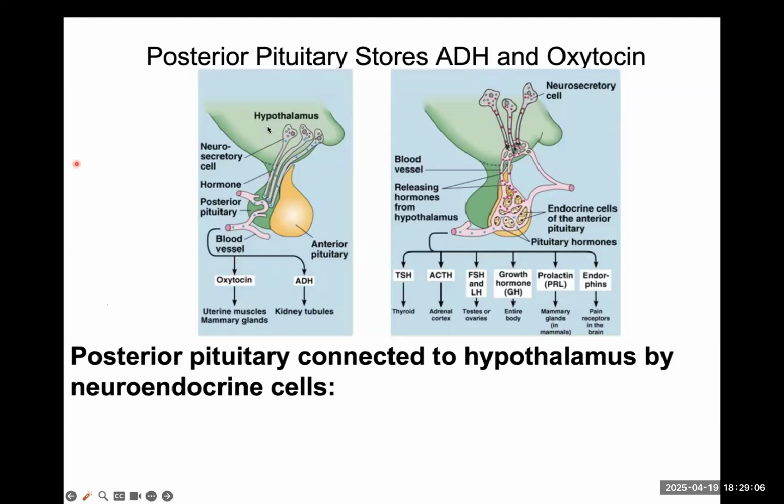So they're made here in the hypothalamus, and then they come down here to the posterior pituitary, and they are being secreted by the posterior pituitary gland. Once your body needs those hormones, your posterior pituitary gland is going to release the ADH and oxytocin. So on the exam, if I were to ask you which gland produces ADH and oxytocin, you're going to say hypothalamus.